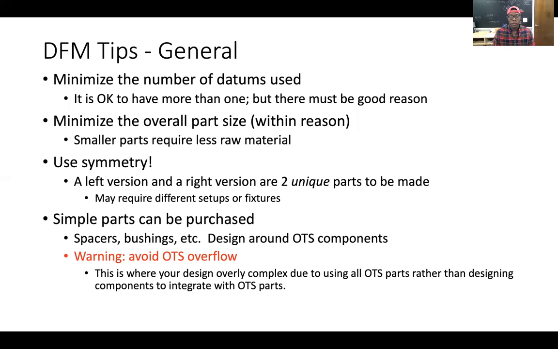First thing we're going to go over is minimizing the number of datums that we use. So it is okay to have more than one datum, but we're going to want to make sure that there's a pretty good reason for that. And here's the reason why. If I'm the manufacturer and I'm looking at your drawing and there's one datum, then I can find every feature from that same point.